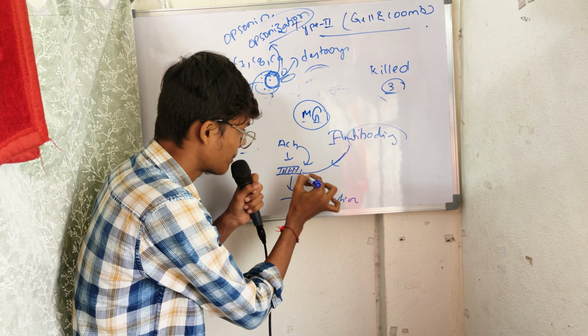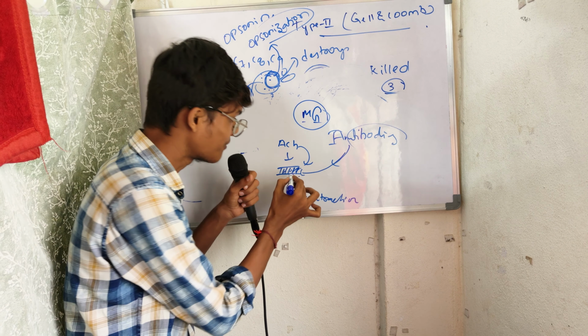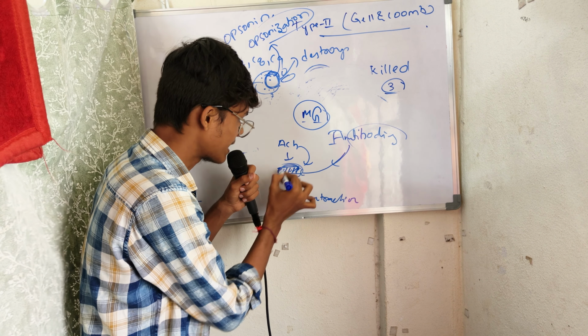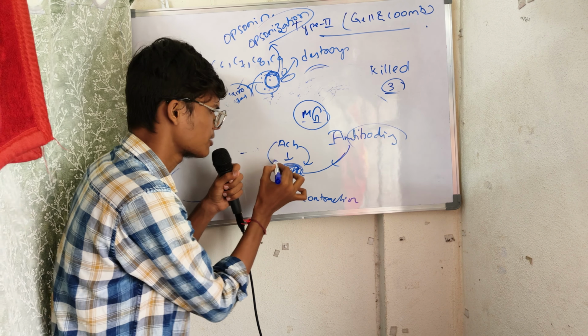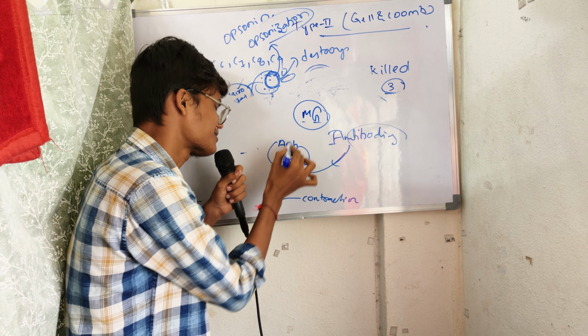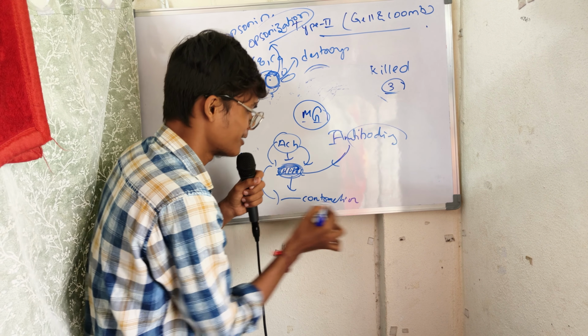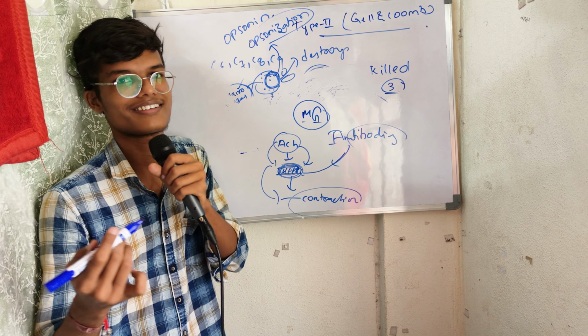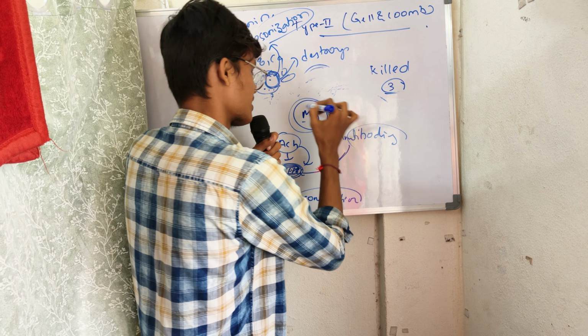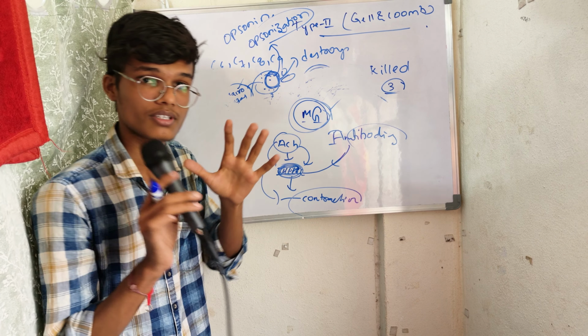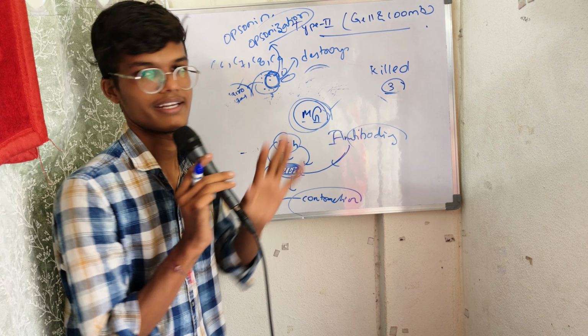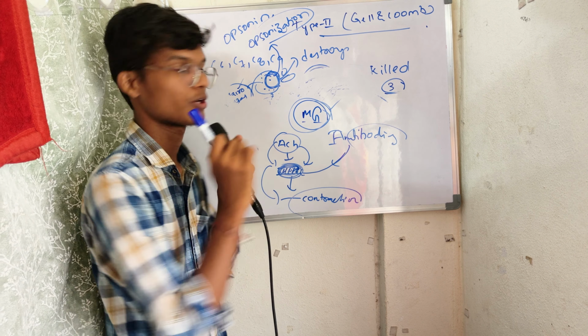These antibodies come and attach to the receptor. Then acetylcholine cannot bind, so there is no contraction and relaxation. So there will be a contraction and relaxation disorder in myasthenia gravis.